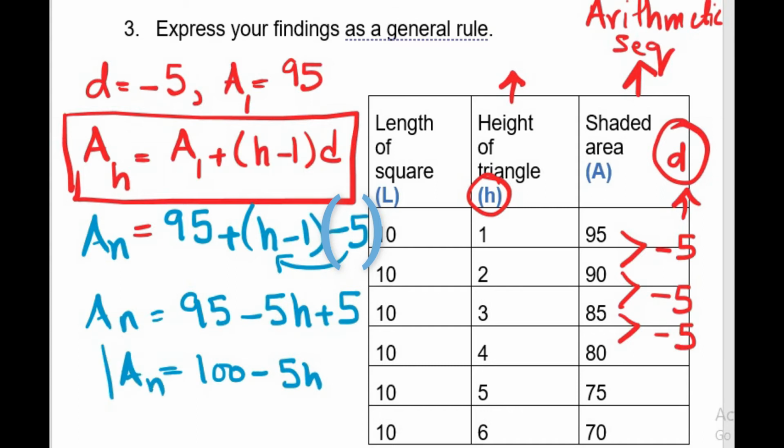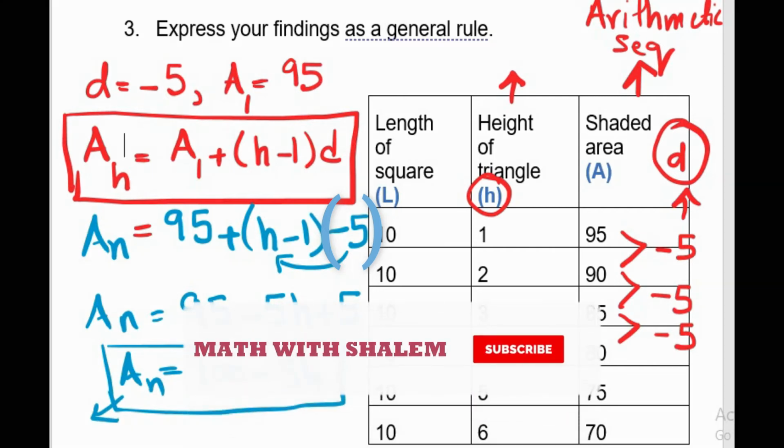So finally what we have done is we found the general rule for the relationship between the area of the shaded region and the height h of the triangle.